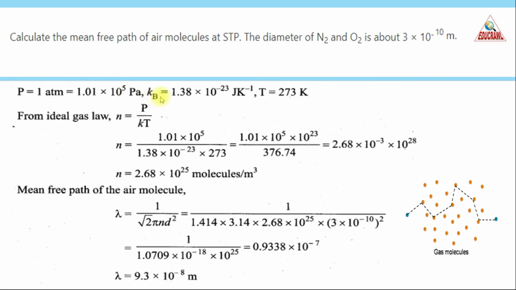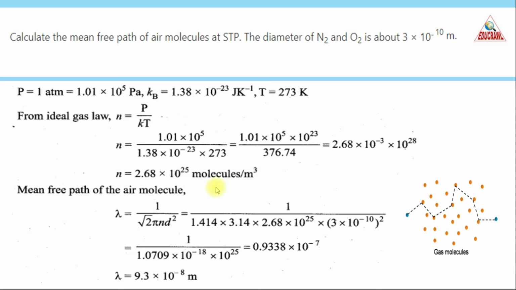The Boltzmann constant value is 1.38 into 10 power minus 23 joule per Kelvin, and T is equal to 273 Kelvin. So first let us find the number density using the ideal gas law. So n is equal to P by kT, substituting the P value, k value and T value and simplifying, we will get n as 2.68 into 10 power 25 molecules per meter cube.